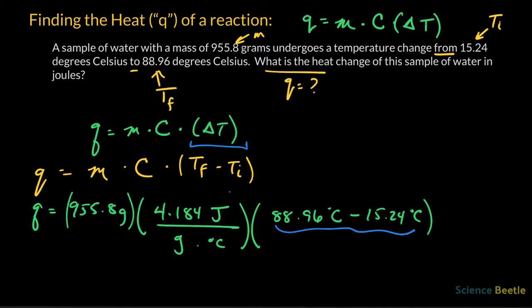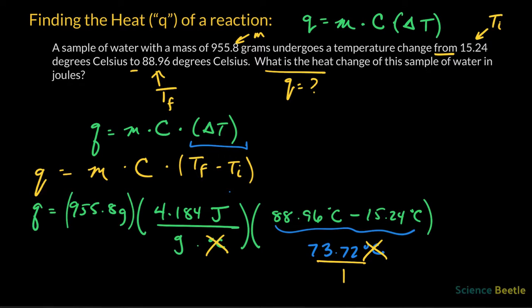Notice the temperature here is in Celsius, so you can just leave it in Celsius and do the difference. We'll take 88.96 and subtract from that 15.24, and that'll give you a difference of 73.72 degrees Celsius. This Celsius will cancel with the degrees Celsius there. Remember that this particular section here is not divided by, this is just me simplifying the numbers in green. So this number is overall in the numerator, and it should be represented like this over 1.